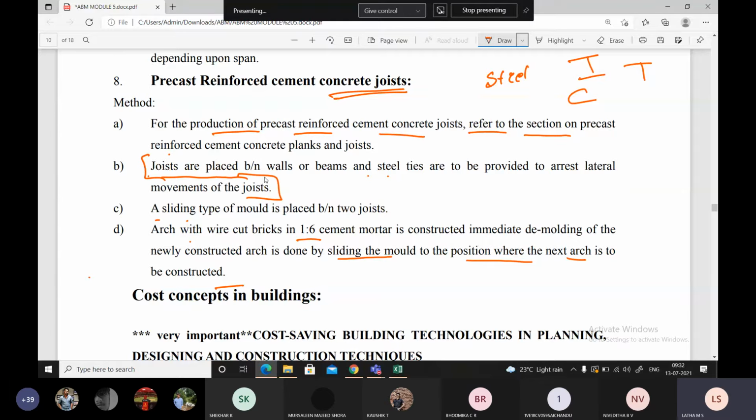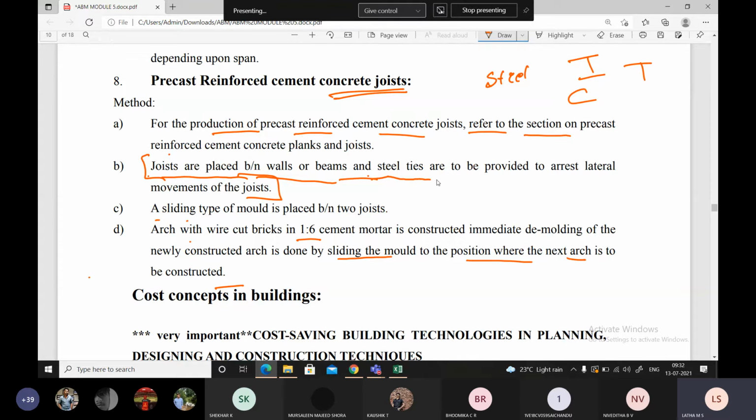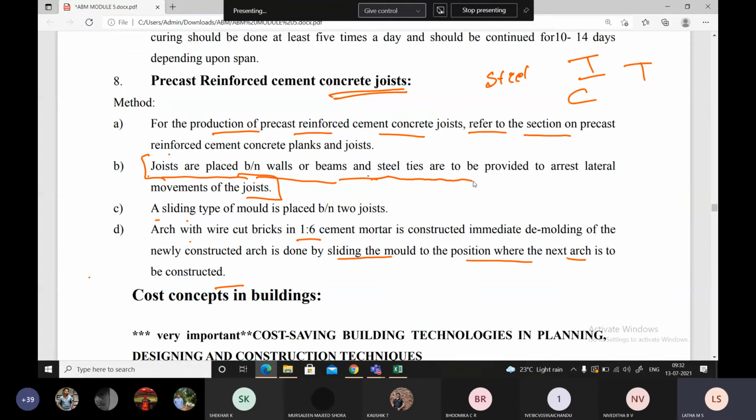Joists are placed between the walls or beams, and steel ties are to be provided to arrest lateral movement of the joist. Where do you come across this type of construction? At which point, which section of the building am I talking about?